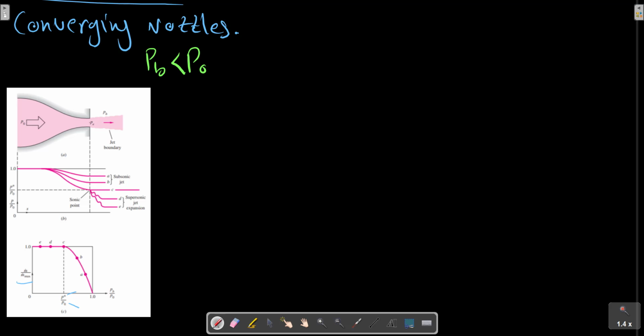For a moderate drop in PB to states A and B, the throat pressure is higher than the critical value. The throat pressure is PC. The flow in the nozzle is subsonic throughout and the jet exit pressure PC equals the back pressure.